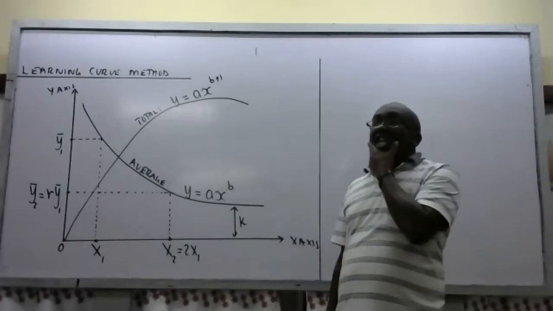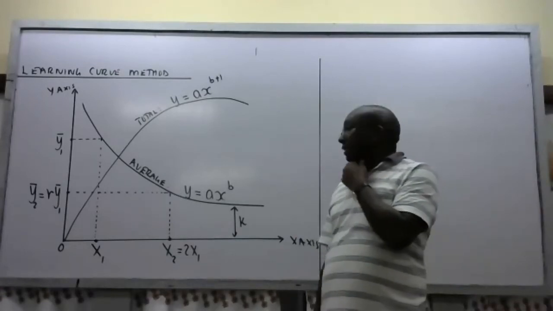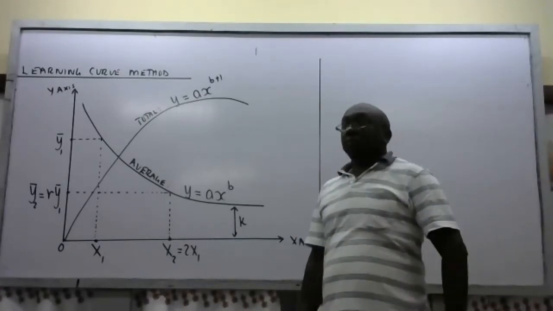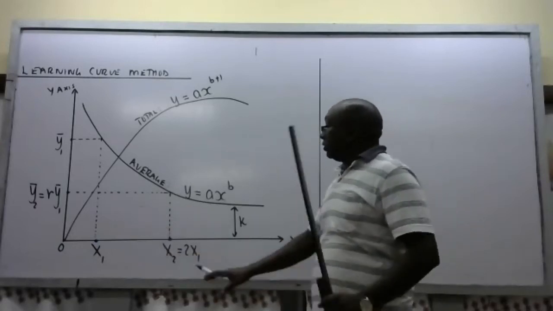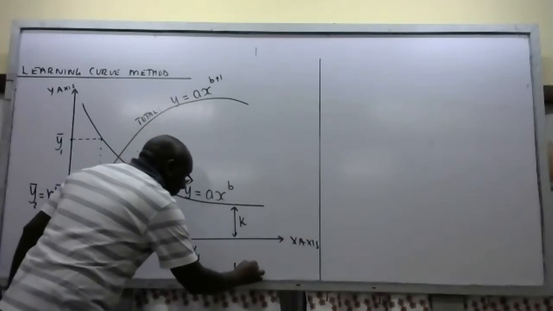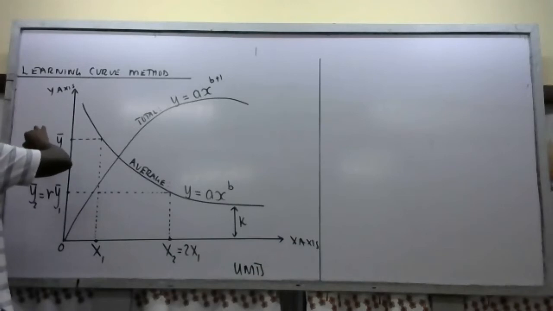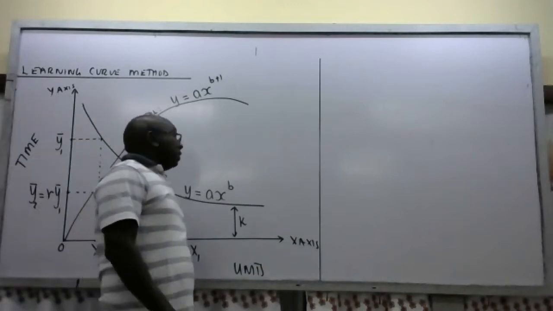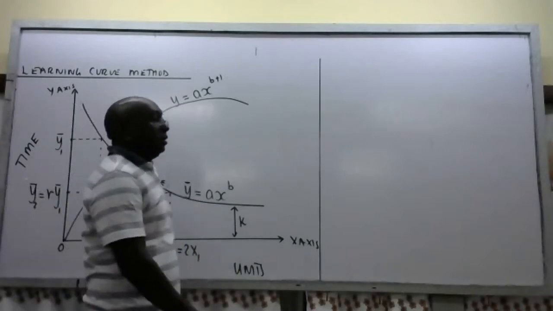When that happens, we say that the worker is improving, or is running. That improvement is only visible at double points. These are units and this is time. So the average is y bar.